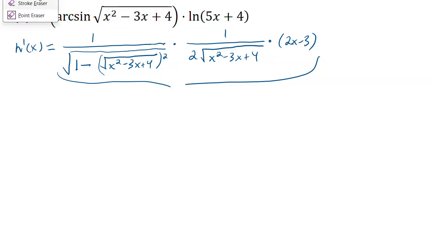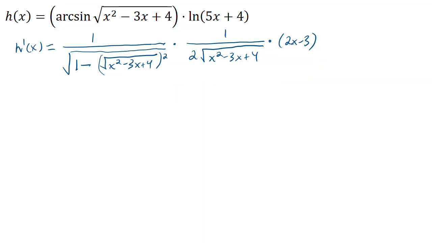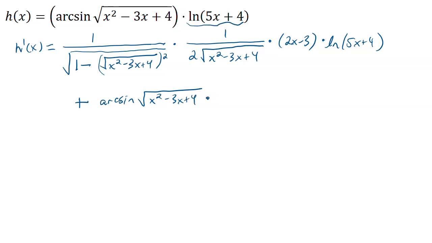Well, the product rule says now the derivative of the first function needs to be multiplied by the second function. So we still have to multiply by the natural log of 5x plus 4. Then the second half of the product rule says we need to add the first function. So we'll just copy the arcsine function times the derivative of the second function.